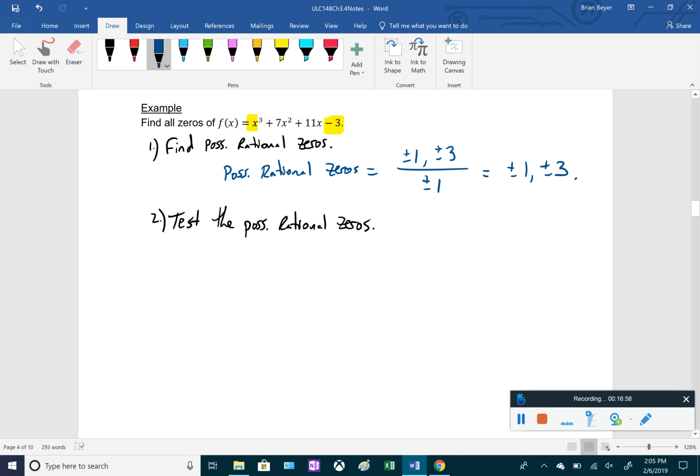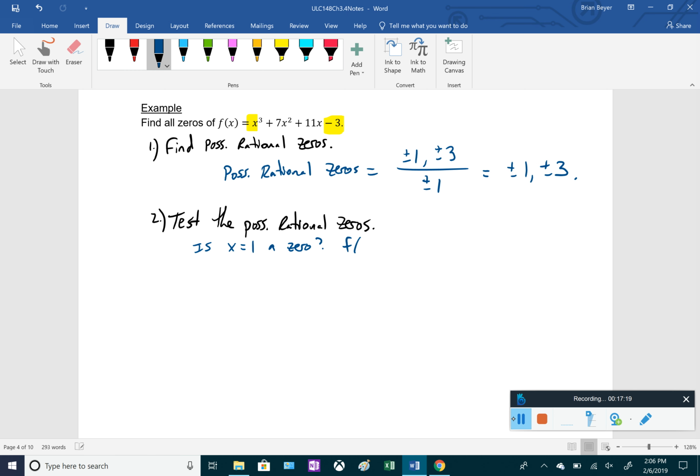And I'll start with positive 1. So we have 4 to choose from, -1, 1, and -3, 3. Is x equals positive 1 a 0? So let's plug it in.